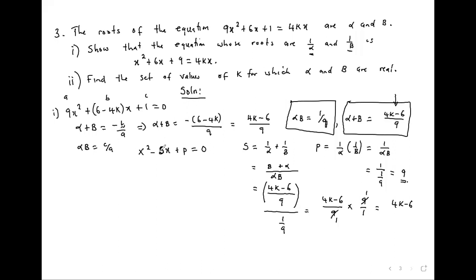So the general form of a quadratic equation is x squared minus sx plus p is equal to 0, where s is the sum of roots and p is the product of roots.